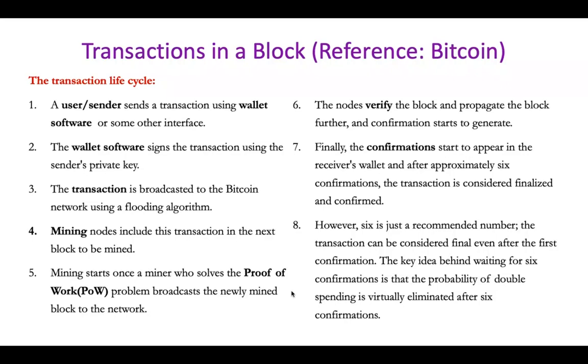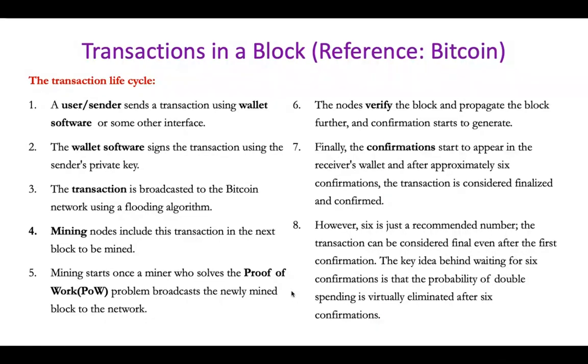And the second most important part of the Bitcoin is the transaction part. As we said, any user in the Bitcoin network, if they want to do some transactions, their transactions will first be signed using some software we call the wallet software.